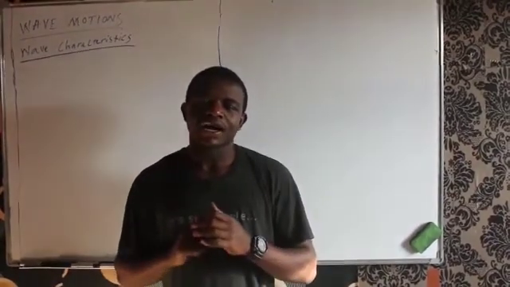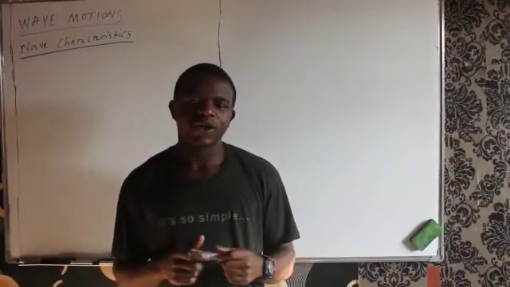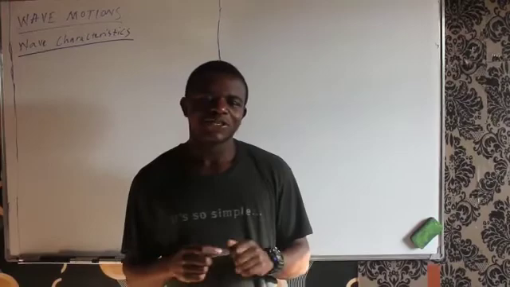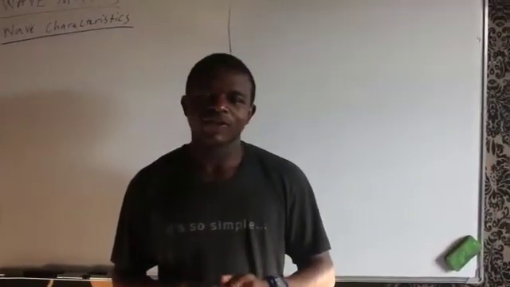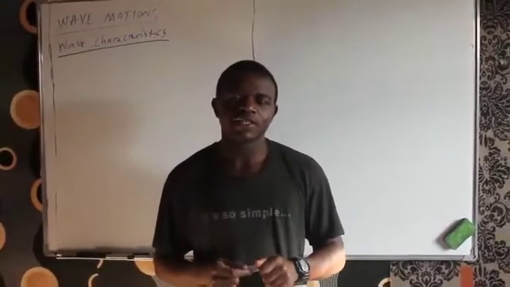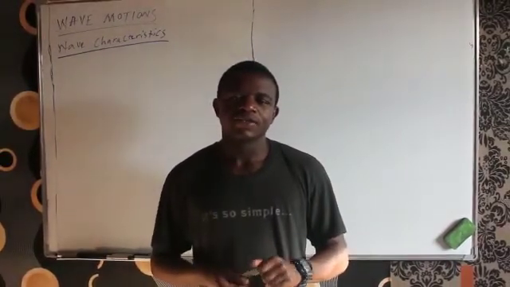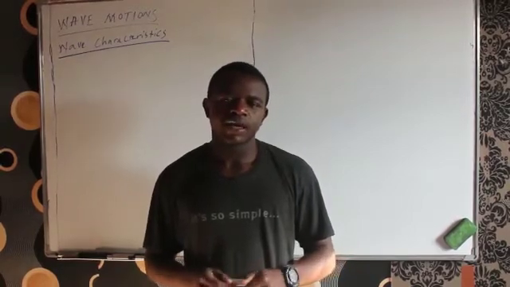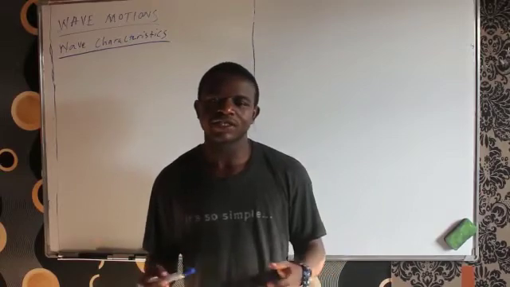Then we're going to go to the amplitude. The amplitude is defined as the maximum displacement of a particle from its rest position. Then going to frequency. So what's frequency?